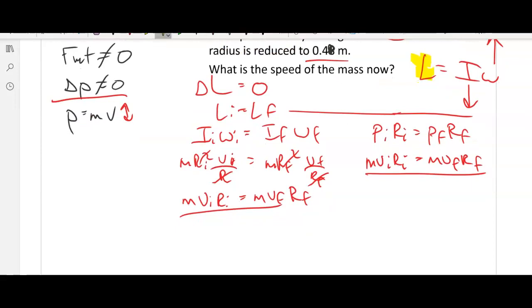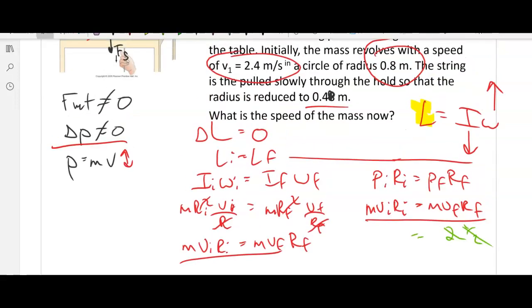Also, I'm getting half the radius. Mass can't change, so I have to get twice the velocity for this to cancel out. So this thing should end up at 4.8 on that one.